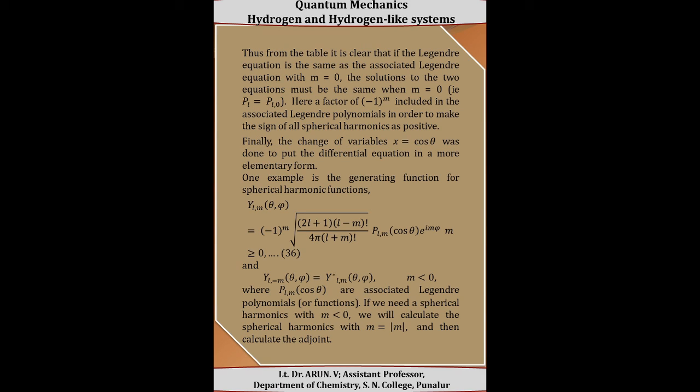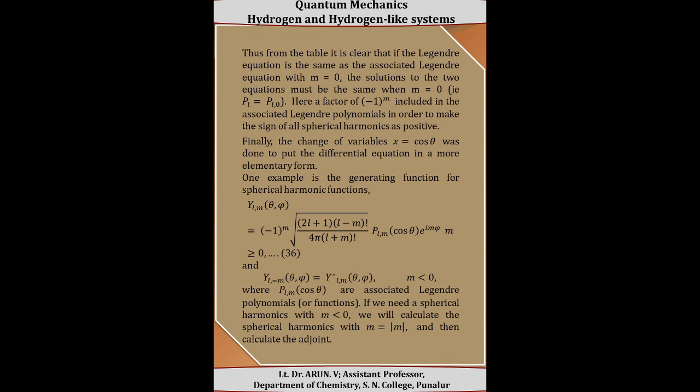For example, we can write the generating function for spherical harmonic functions as Y_l^m(theta, phi) is equal to minus 1 raised to m square root of (2l plus 1) into (l minus m) factorial divided by 4 pi into (l plus m) factorial, into P_l^m(cos theta) into e raised to i m phi, when m is greater than or equal to 0, and Y_l^m(theta, phi) is equal to Y_l^|m| star (theta, phi) if m is less than 0, where P_l^m(cos theta) are the associated Legendre polynomials or functions.